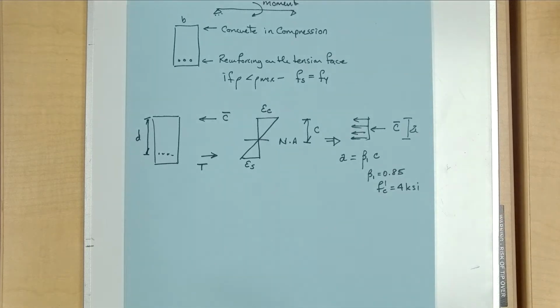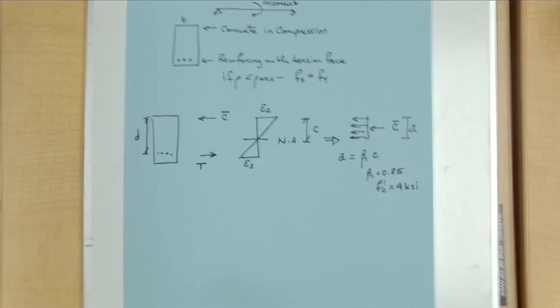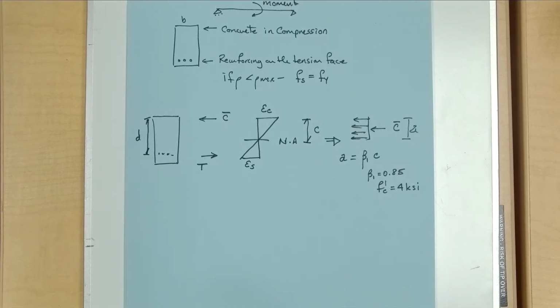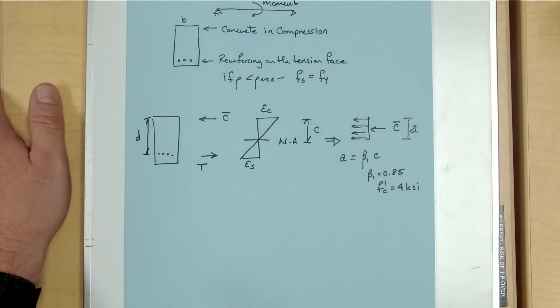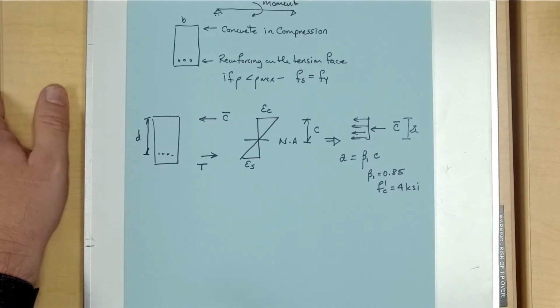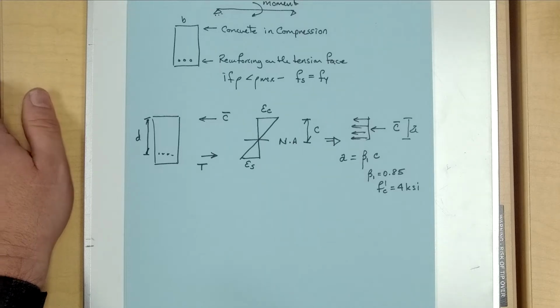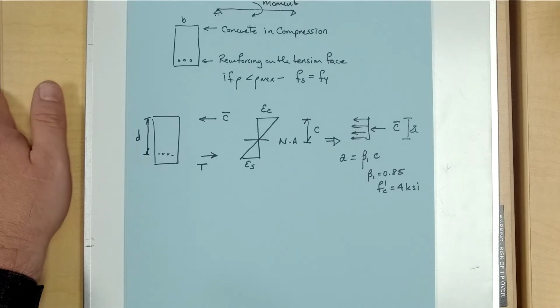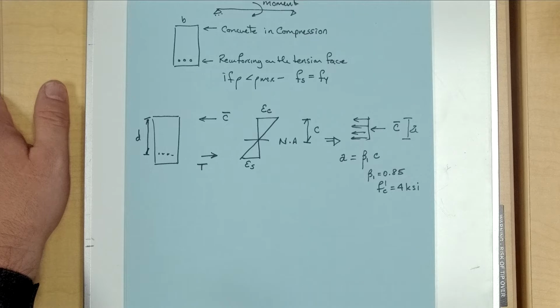It's equal to different values if you have different strengths. If it goes up to 6,000, then it's 0.65. It's a sliding scale, but almost all of our design, it's very typical to see 4,000 PSI. It's a nice efficient number, and we don't lose as much capacity as our beta 1 falls.